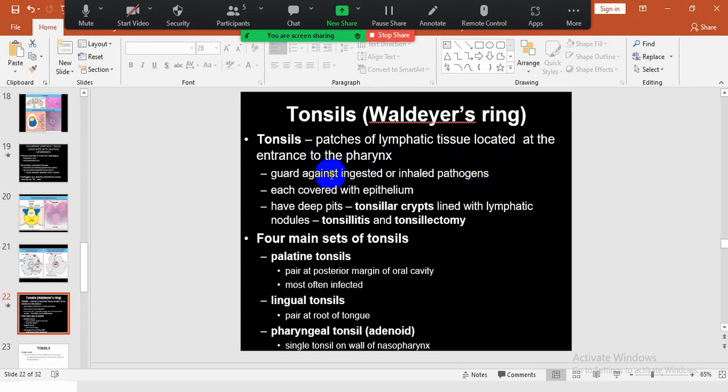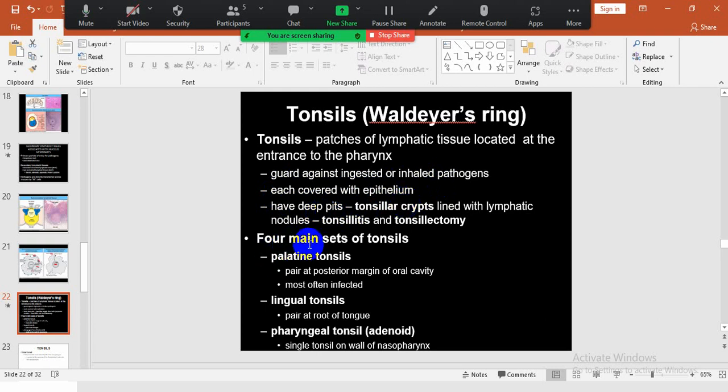For instance, when you inhale polluted air containing a lot of infectious organisms, the lymphatic tissues in the tonsils and other places will fight against organisms. Also, when you take in food which is infected, we call it food poisoning, you have the lymph nodes producing white blood cells and the B lymphocytes to fight the organisms.